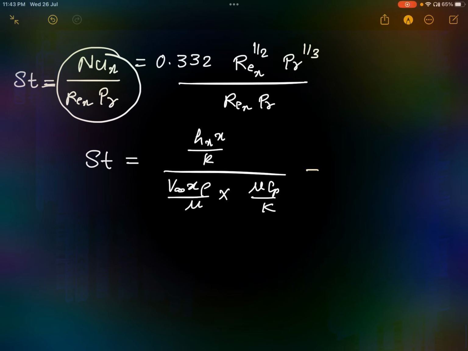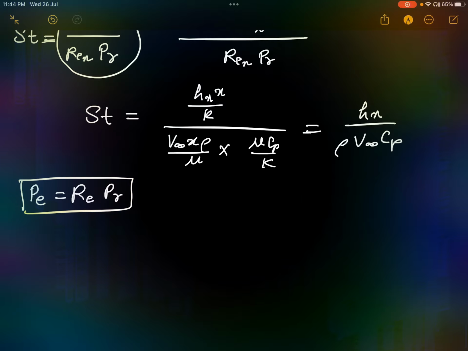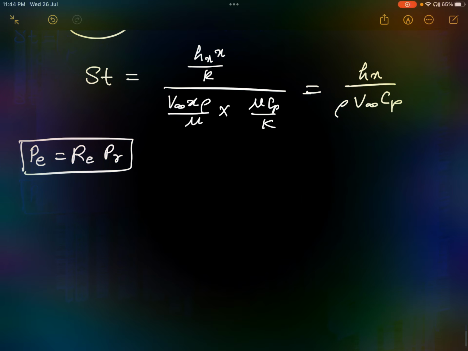So Stanton number is actually Hx upon rho V infinity Cp. Combined, Reynolds number into Prandtl number is also called the Peclet number. So Stanton number can also be written as Nusselt number divided by Peclet number.